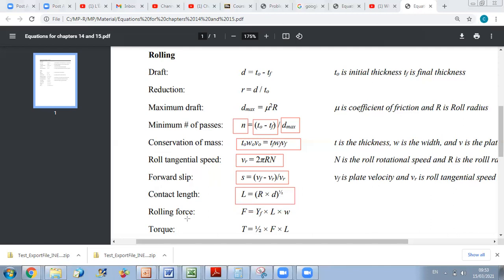The rolling force can be approximated by average stress times L times w, and the torque per roller is half FL.